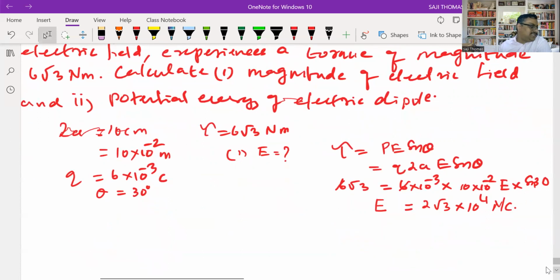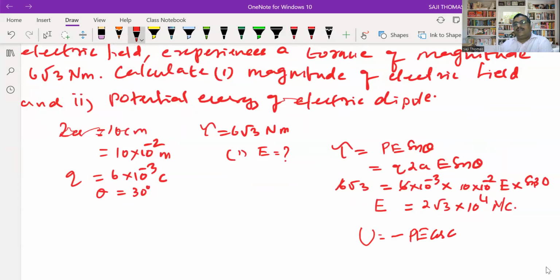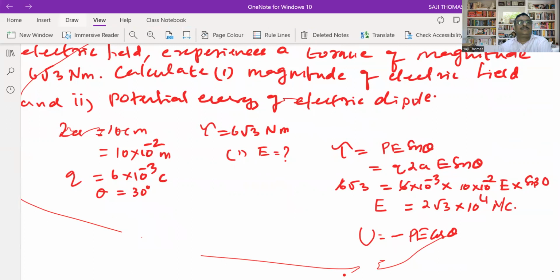Equation for potential energy, you know, U is equal to minus P E cos theta.